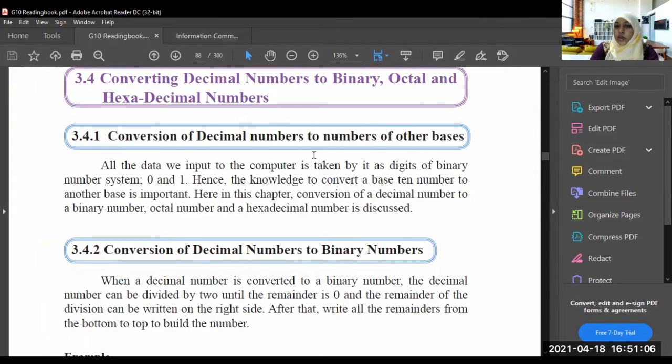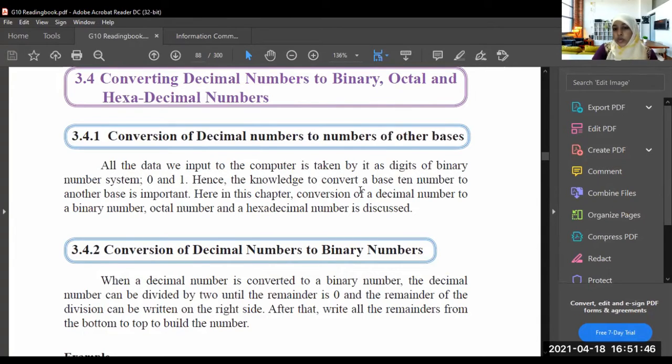Conversion of decimal numbers to numbers of other bases. Now we are going to convert base 10 numbers to the other bases: to 16, to 8 and to 2. All the data we input to the computer is taken by it as digits of the binary number system, 0 and 1. So whatever data we enter, as I taught you, goes to the computer in the digits of binary, that means 0 and 1.